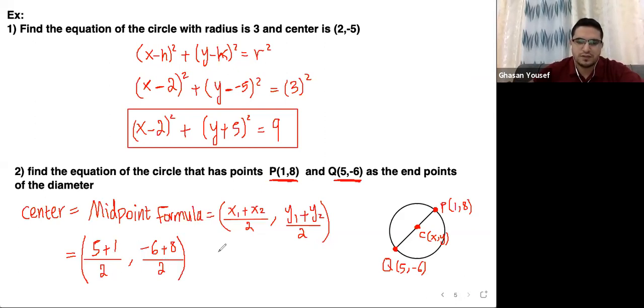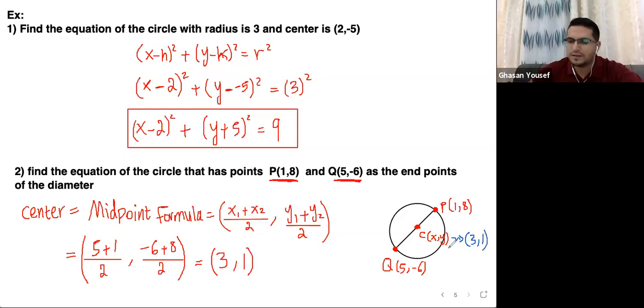Five plus 1 is 6 over 2 is 3. And -6 plus 8 is 2 over 2 is 1. 3 and 1 is my midpoint, and also it's my center. So the center here is 3, 1.